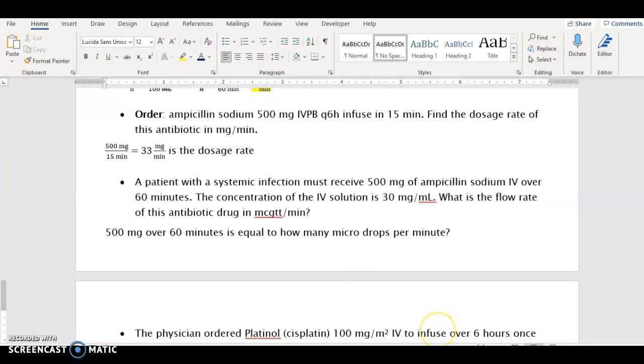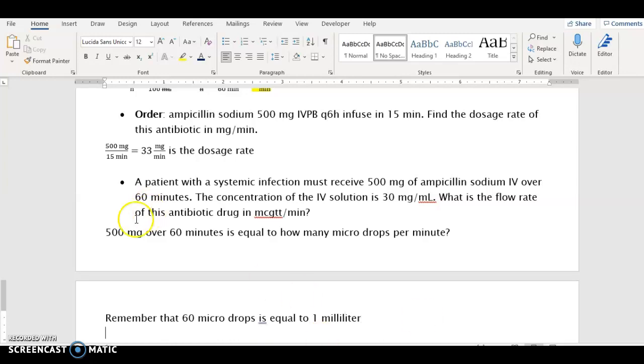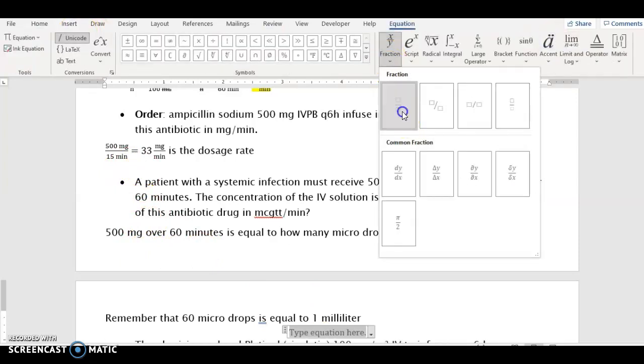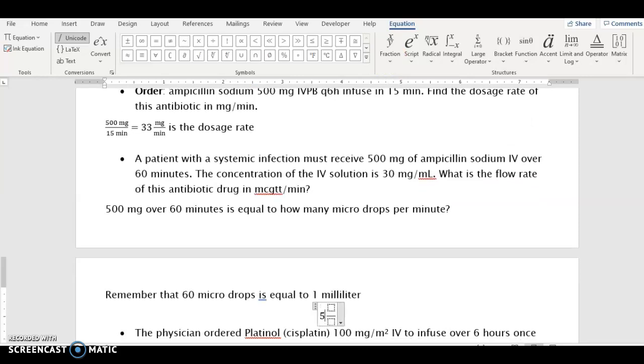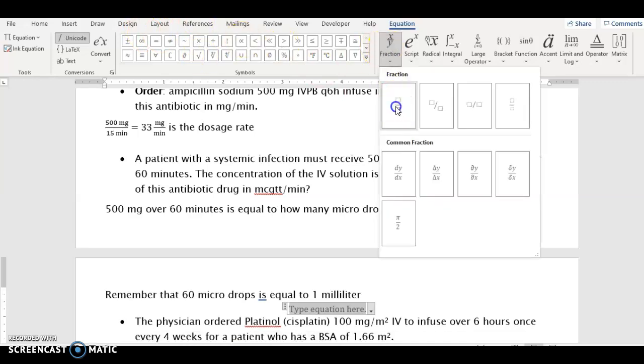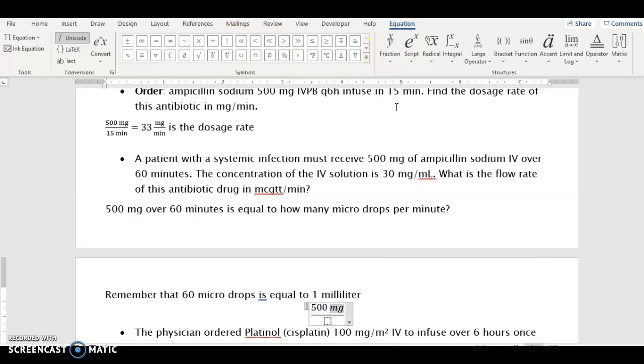So remember that 60 micro drops is equal to 1 milliliter. We're going to start with the 500 milligrams over 60 minutes. 500 milligrams of the drug will be given over a 60-minute period.